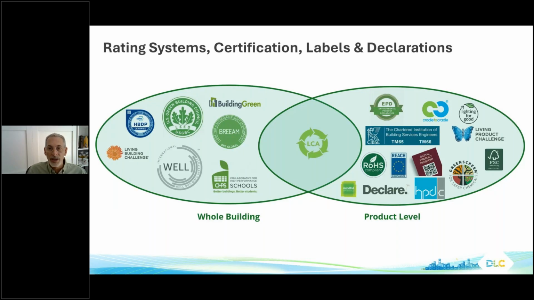There are a number of ways that we're assessing sustainability, both at the whole building level, like the LEED program that Alexandra just mentioned. But today I'm going to be focusing primarily on the ways we can assess sustainability achievements at the product level for luminaires.